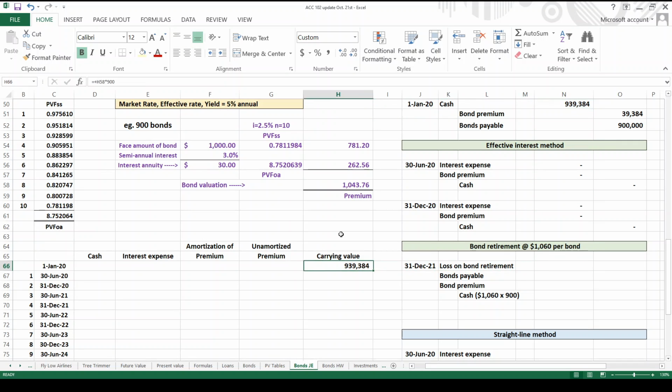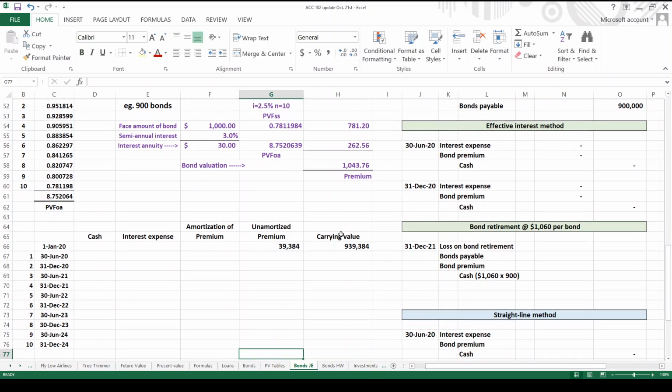Well, the bond premium is this carrying amount minus the 900. 39,384. Now, what are we expecting to happen with the chart? Well, we're expecting, once again, in this case, the unamortized premium, we're expecting that to go to 0. And if our formulas are correct, the carrying value should go to 900,000.